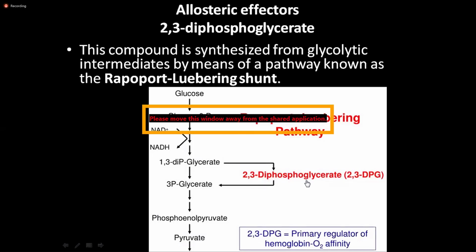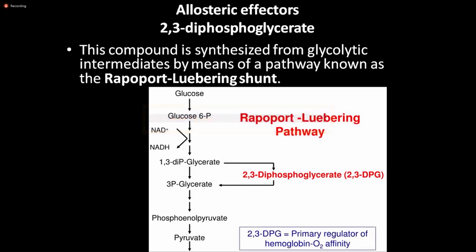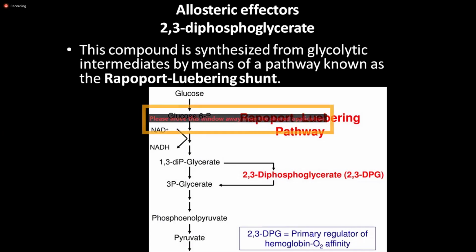This 2,3-bisphosphoglycerate, produced from the Rapoport-Luebering shunt pathway of glycolysis, is a very important allosteric effector of the oxygen dissociation curve. A very strong and important allosteric effector.